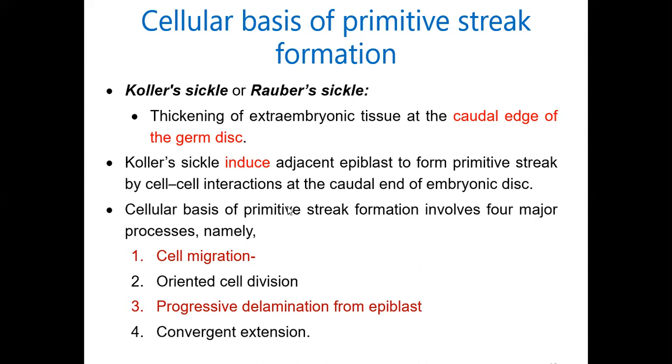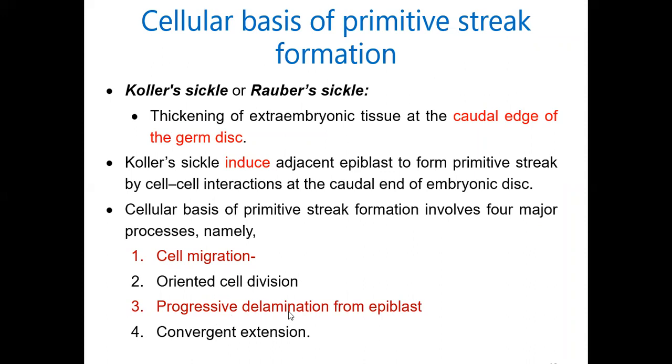And what are the cellular bases of the primitive streak formation? It involves 4 major processes. One is cell migration, that is the epiblast cells will start dividing and they will start migrating towards the center. And then there is oriented cell division so that it will form a linear streak in the mid-sagittal plane of the embryo.